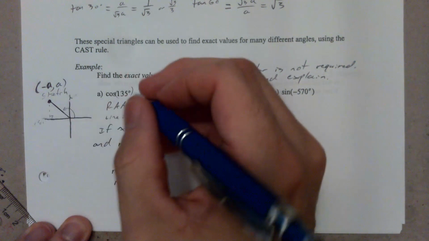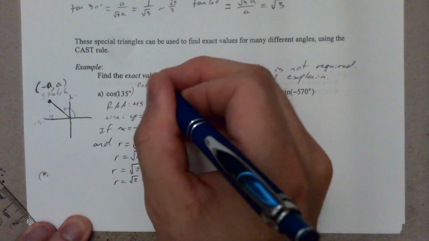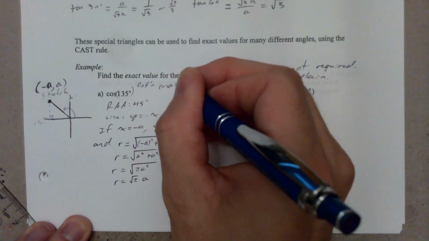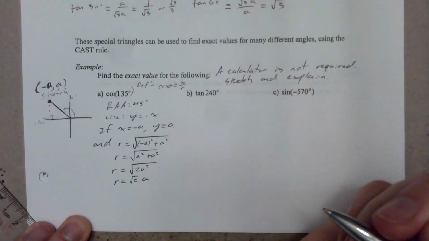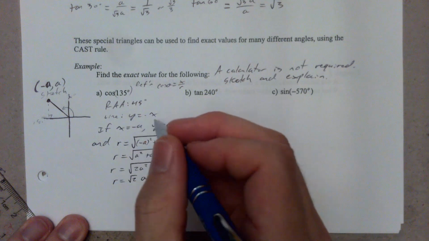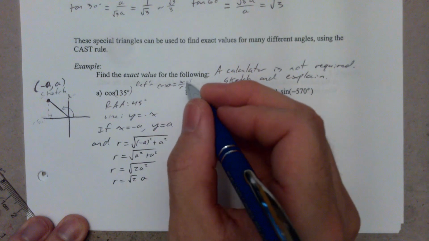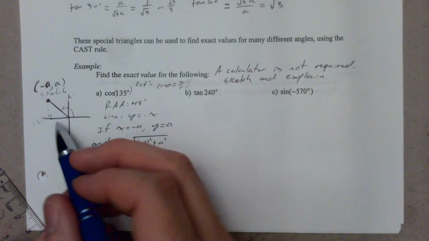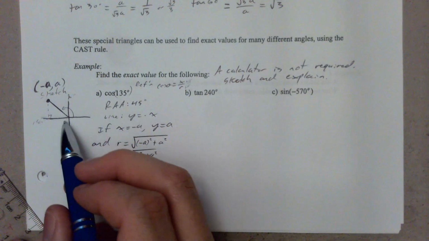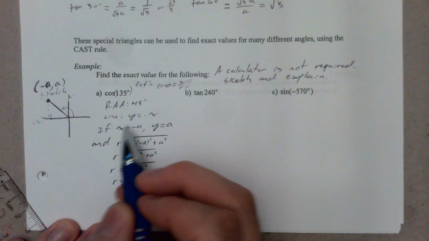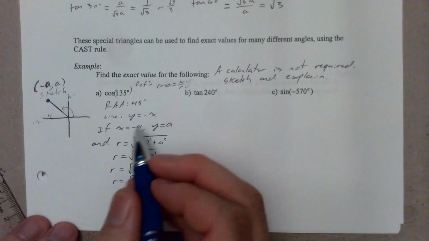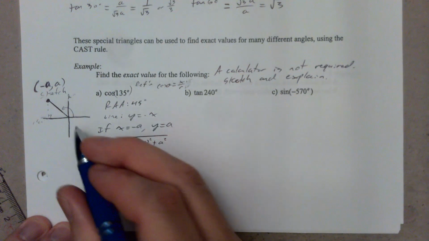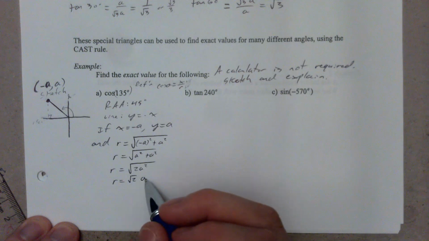Before my sketch, I could have used my definition that the cosine of theta is the ratio of x to r. So I need to know what x is, and I need to know what r is. I don't know what x is. I don't know that it's -1. I know that it's negative. But if it is negative something, my r value will be the square root of 2 times that thing.